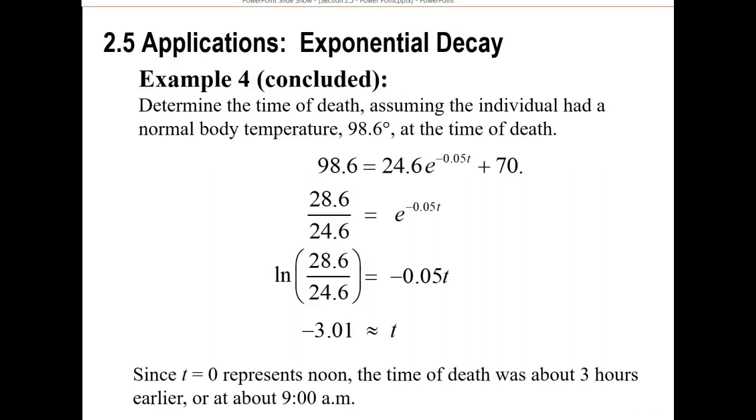Meaning, since time 0 at noon, the time of death was about 3 hours earlier. Time being 3 hours before 0, meaning that negative sign. So about 9 a.m.